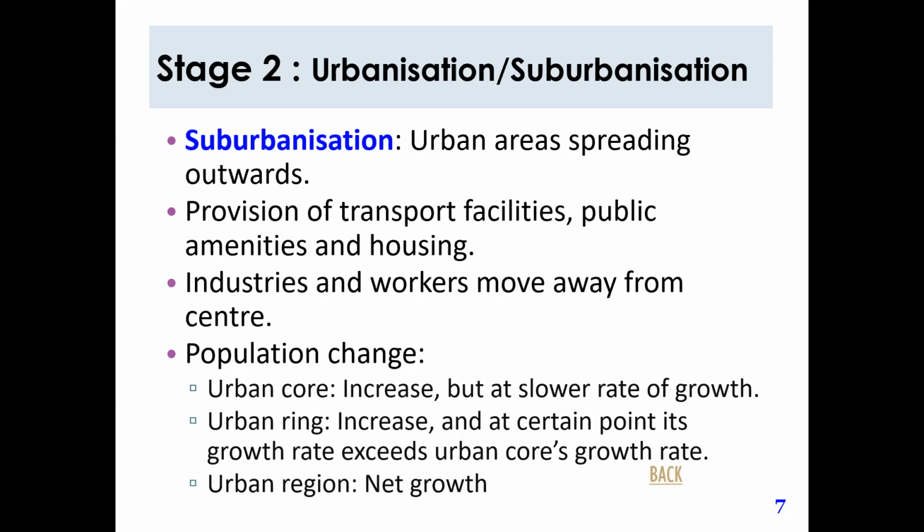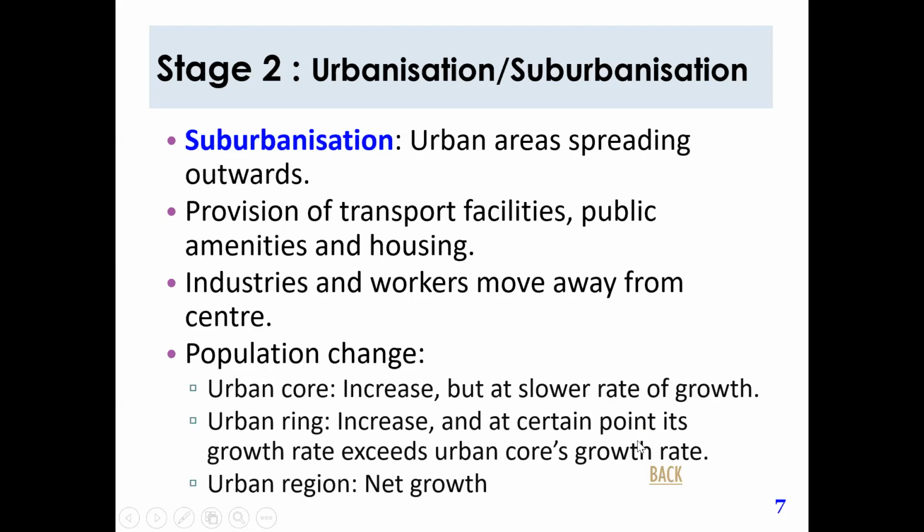They have another option, which is living in the suburban areas due to the better transport, better amenities, and better housing at the urban fringe. Urban ring, okay, population will increase, and at a certain point, its growth rate exceeds the urban core growth rate.